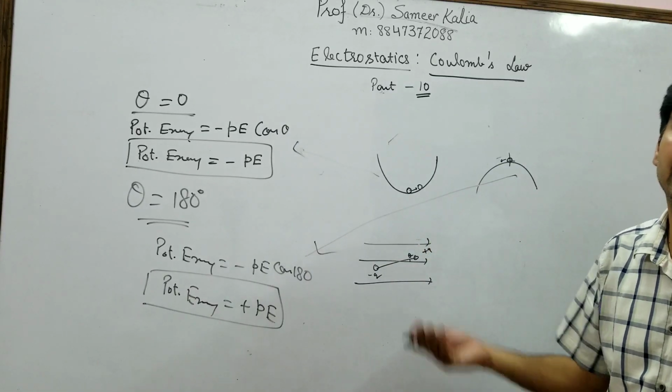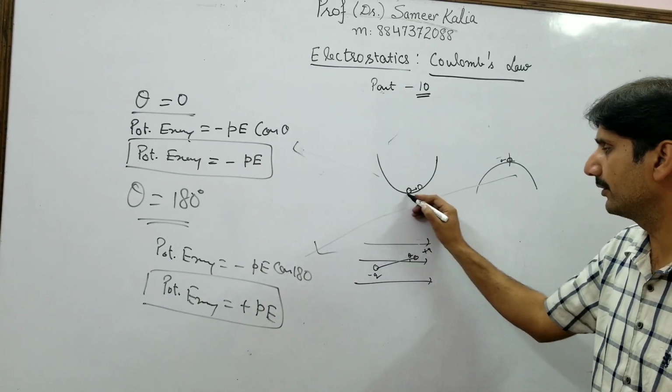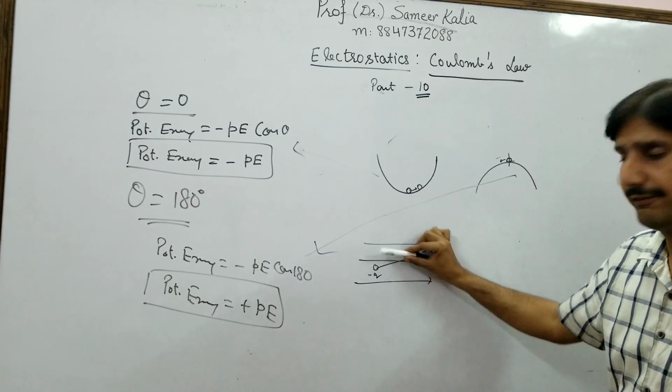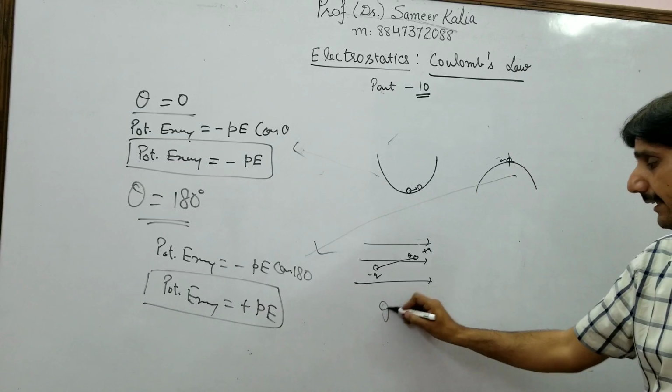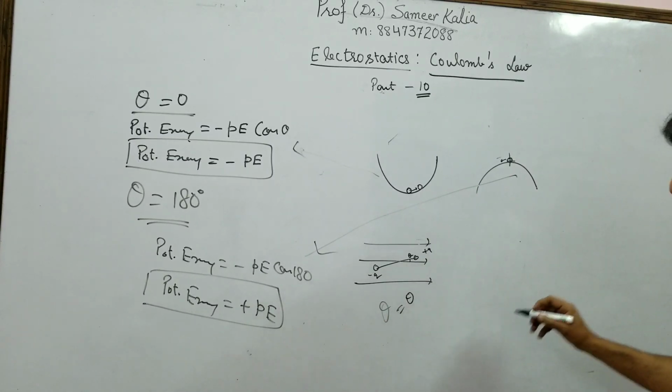If there is no damping, it will go on oscillating for infinite time, but if there is damping, it will come back to its mean position. If you disturb the dipole, it will oscillate and finally settle down again parallel to the electric field. This is the equilibrium case, theta equal to 0, disturbed through a small angle of 5 degrees.